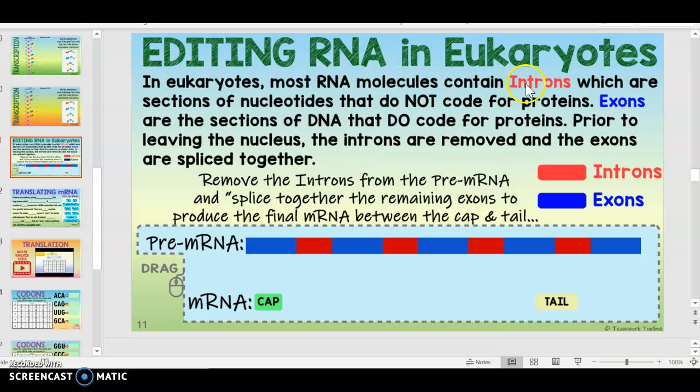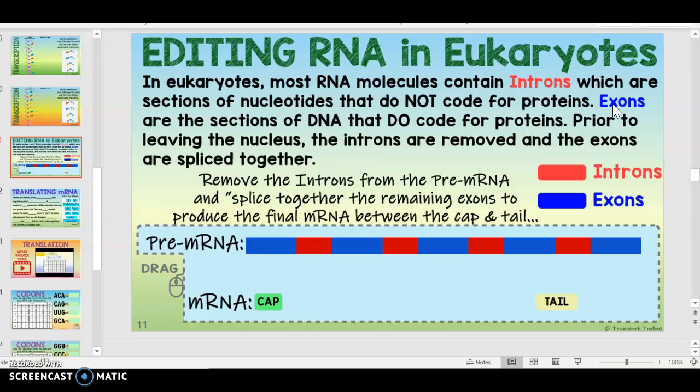So in our mRNA, we have introns, which are sections that do not code for proteins. And then we have exons, which are sections that do. Well, the exons are called that because these are the parts that are going to actually exit the nucleus, and the introns don't. Okay, because they're not helpful. They're just what we call junk DNA in this area, copies of the junk DNA.